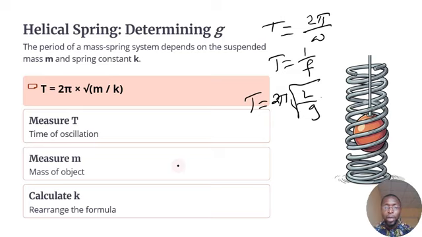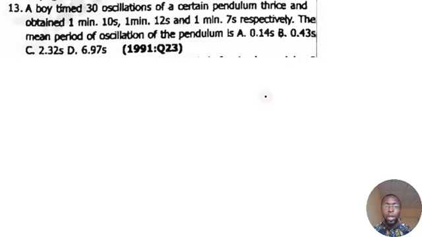Okay. Now let's consider some questions that involve these parameters we have talked about. So here we have a boy who timed 30 oscillations of a certain pendulum thrice and obtained 1 minute 10 seconds. That's the first trial. The second one is 1 minute 12 seconds, and the third one is 1 minute 7 seconds respectively.